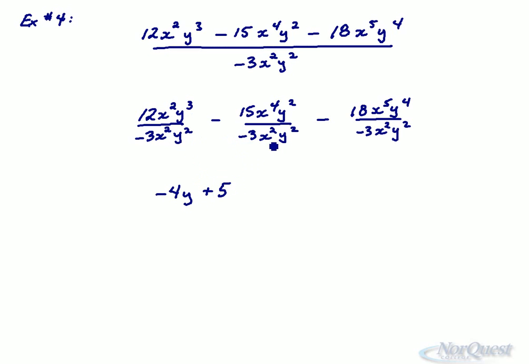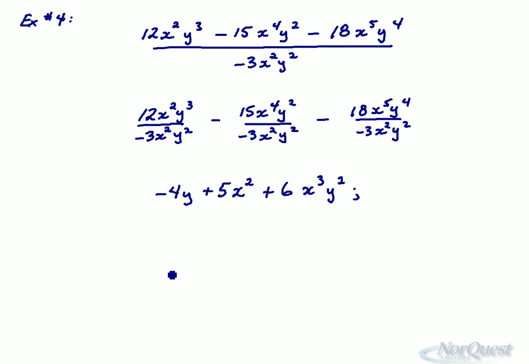X to the 4th divided by x squared will give us x squared. Y squared divided by y squared will give us 1. -18 divided by -3 will give us +6. X to the 5 divided by x squared will give us x cubed. Y to the 4th divided by y squared will give us y squared.